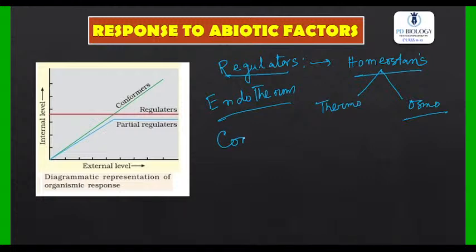Now the conformers. About 99% of animals and nearly all plants do not have a mechanism to maintain a constant internal body environment.